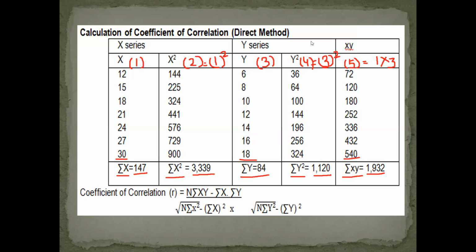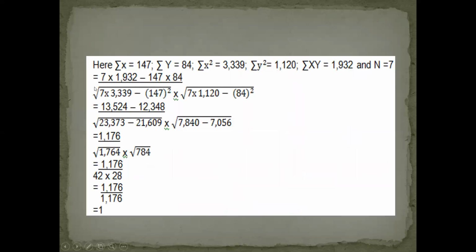When we substitute these values, we get the equation: 7 into 1932 minus 147 into 84, upon square root of 7 into 3339 minus 147 square, into square root of 7 into 1120 minus 84 square. When we solve this, we again get 1176 upon 1176.